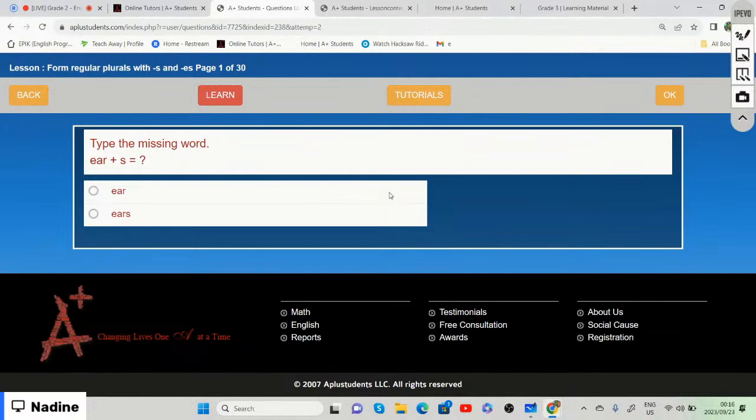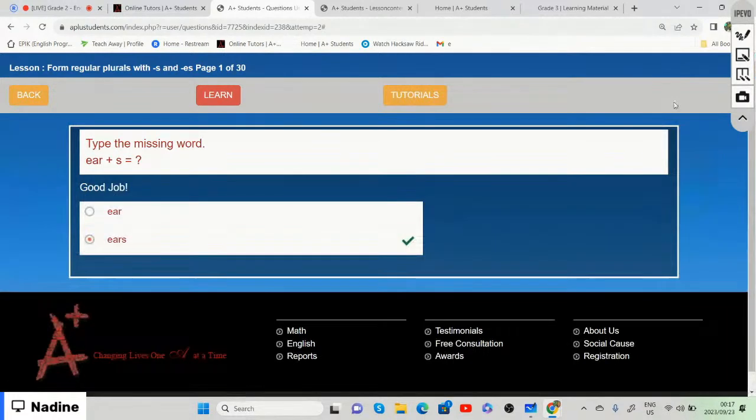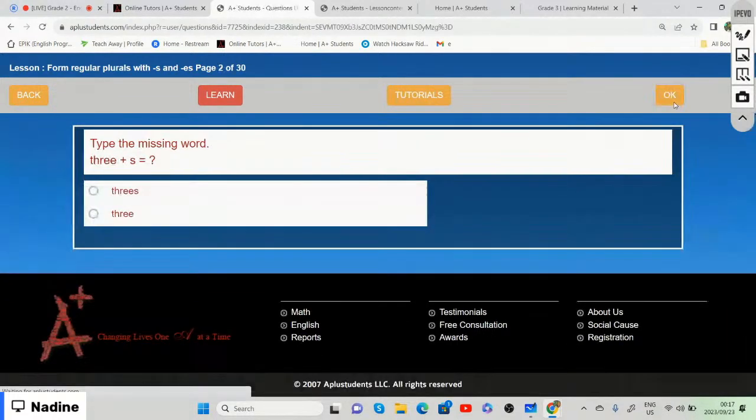How are we going to show this word is plural? Is it ear or ears? To show that this word is plural, we're going to choose the second option, which is ears. Well done. If you also said ears, then well done.